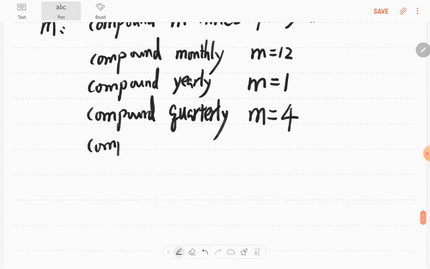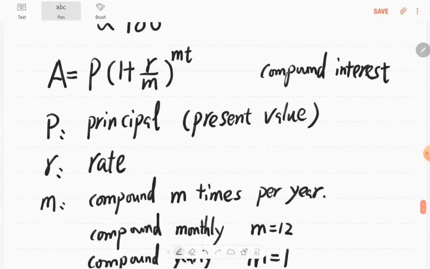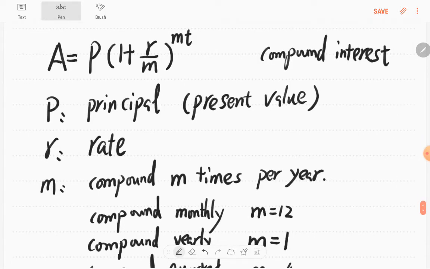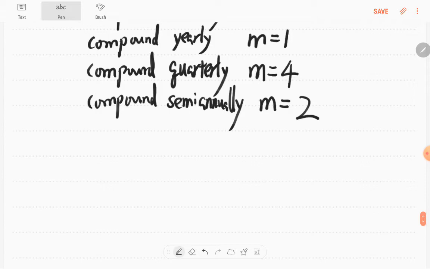Compound semi-annually, that means every half year you will calculate the interest. So M is 2. Okay, so here T is in years. How many years do you want to invest this amount of money? T is the years.